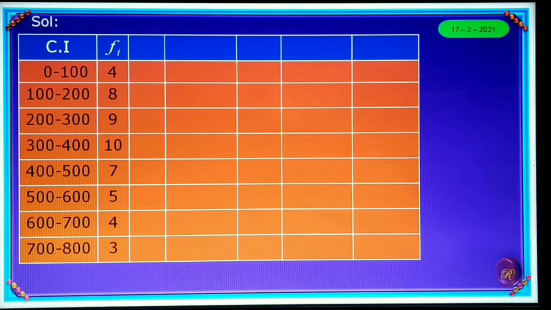Calculate sum of all frequencies, that is n is equal to summation of fi is equal to 50.